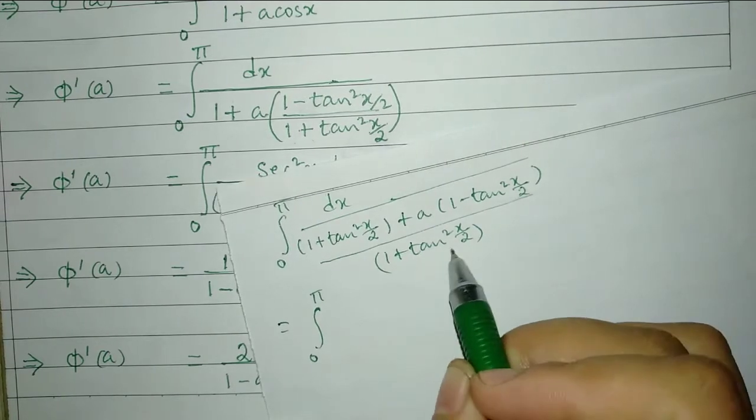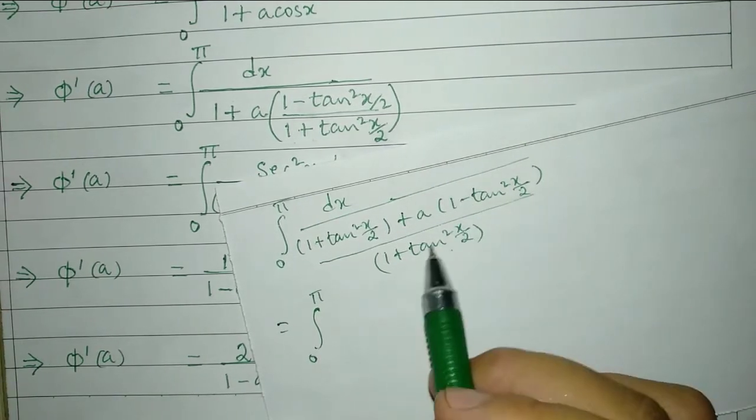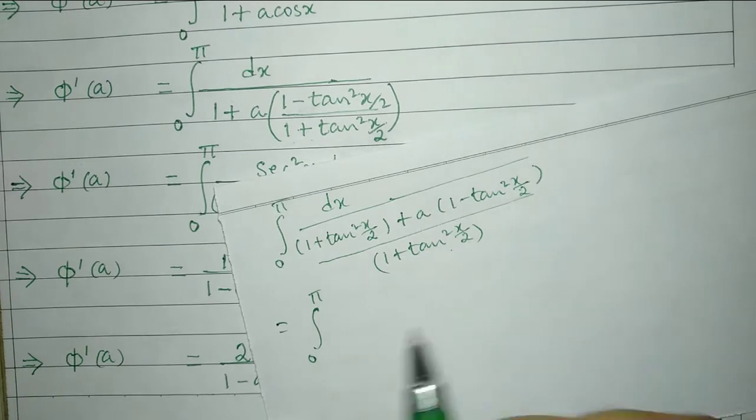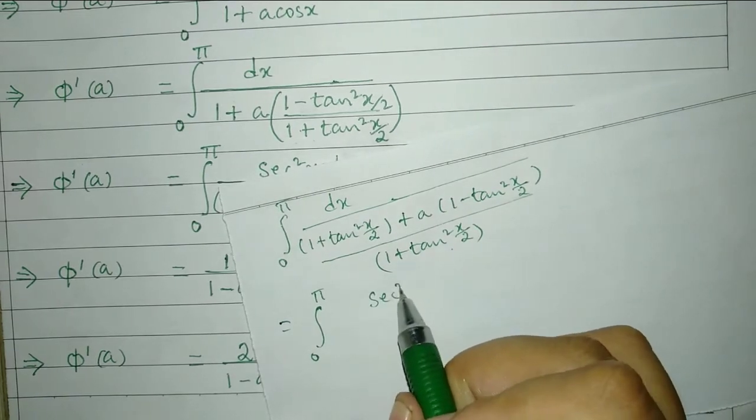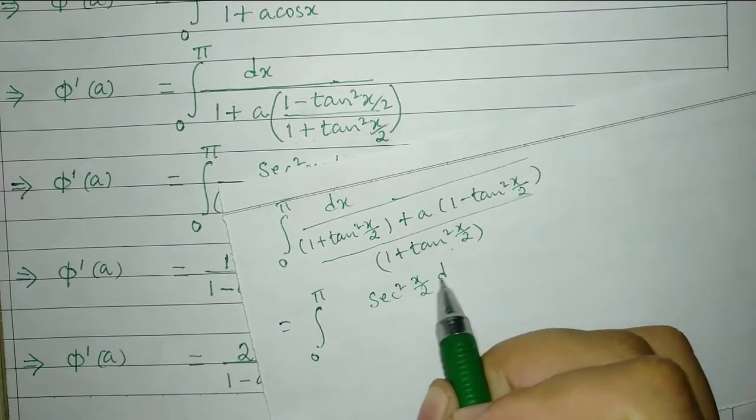Now this comes to the numerator, and we know that 1 + tan square x/2 is secant square x/2 dx.